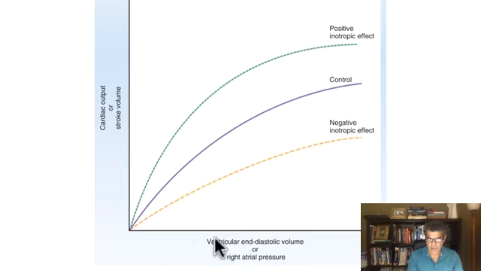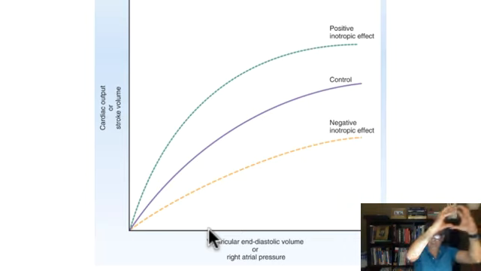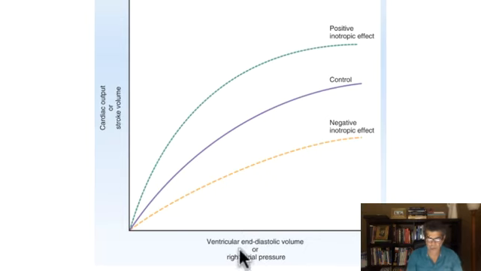Can I replace end diastolic volume by right atrial pressure? Sure, because the amount of blood that I have in the left ventricle should be equal to the amount of blood that comes to the right atrium. So therefore, I can replace end diastolic volume of the left ventricle with right atrial pressure.